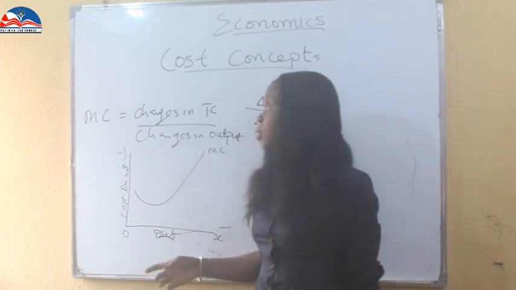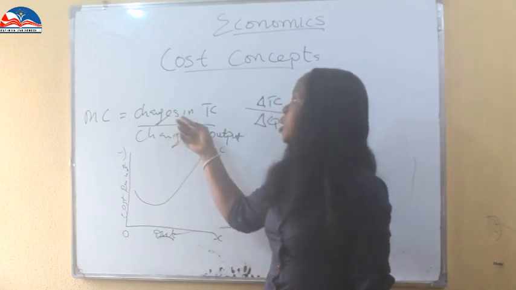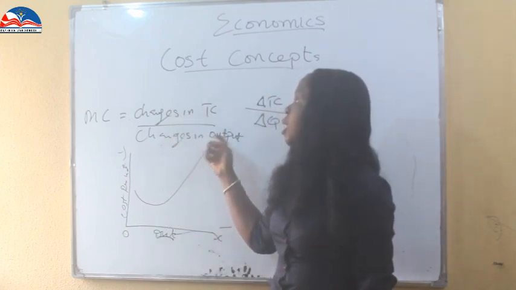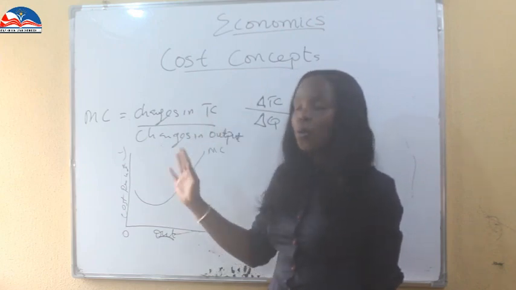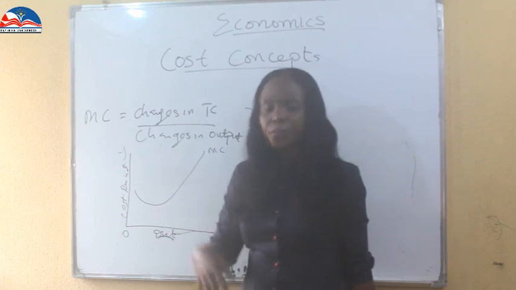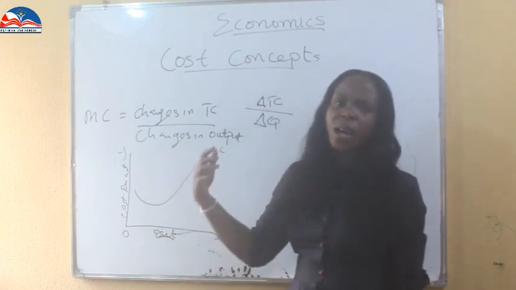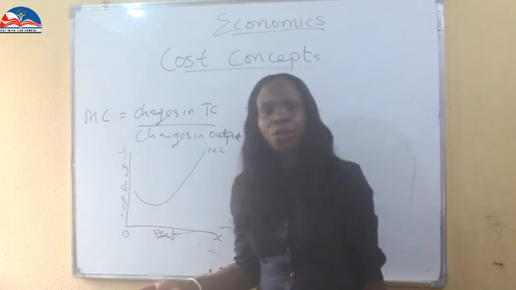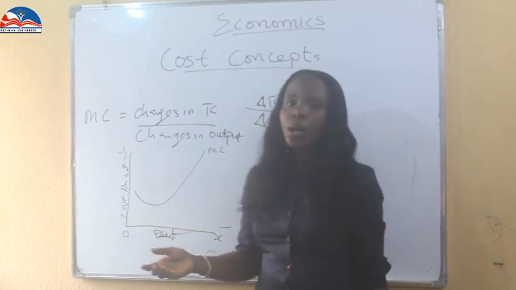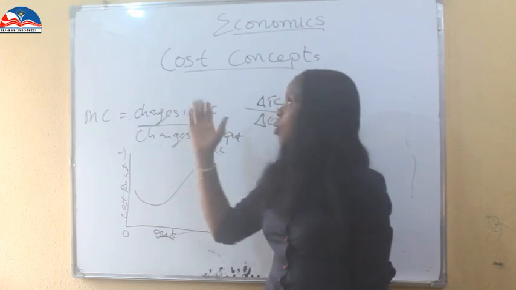So that is marginal cost. Change in total cost divided by change in output. An additional unit of change is what we refer to as marginal cost. So we have seen our fixed cost, our total fixed cost, our average fixed cost, our marginal cost. All of these are under cost concepts.